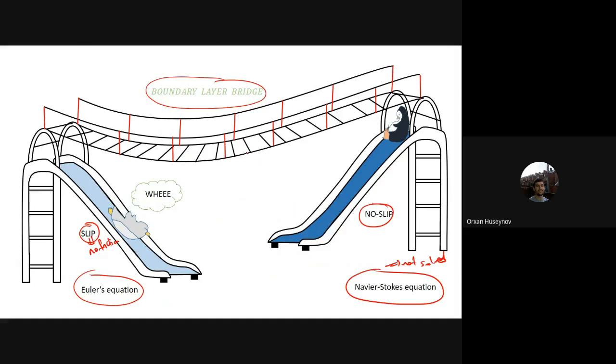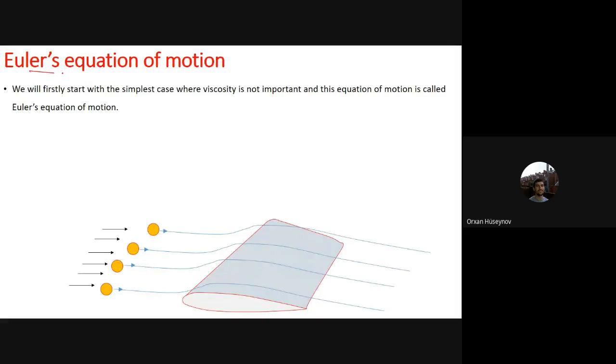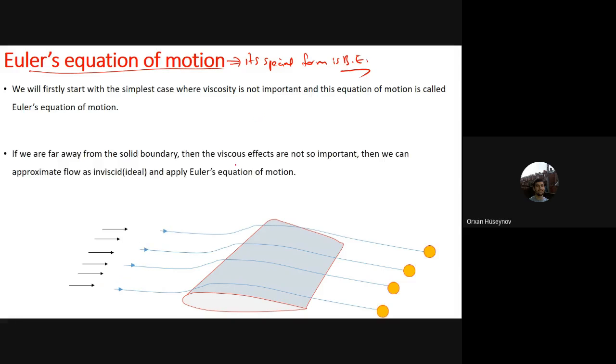Okay. And you can use Euler's equation of motion, and its special form is Bernoulli's equation. You can use Euler's equation where the viscosity is not important. Here, viscous effects are not so important, and it is ideal flow.